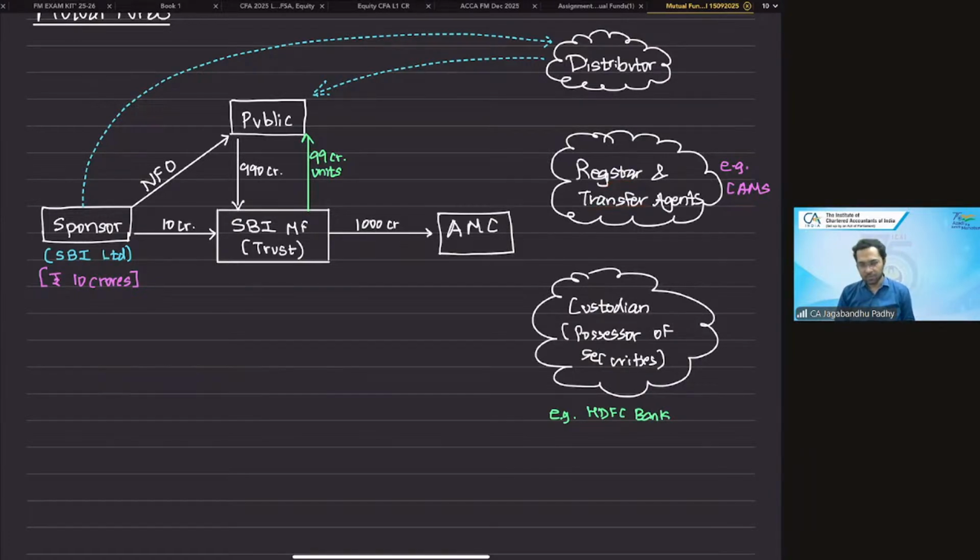It's one of the companies which looks after this registrar and transfer agent task. So whenever the mutual fund sells or buys any securities, whether the securities have been truly credited to the custodian, or the money that has been due has been recovered from the market, all those activities are ensured by this registrar and transfer agent. Clear? Clear.